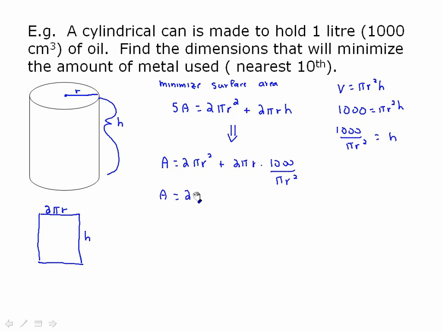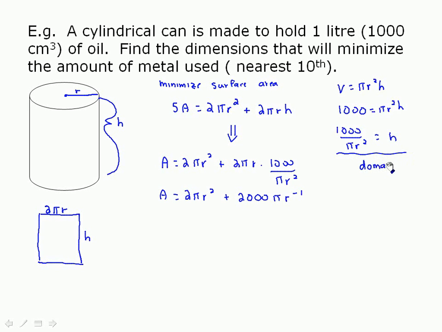So you get 2 pi r squared plus 2,000 over r, and I'll write that r on the bottom as r to the negative 1 up top, because that's going to make things easier for differentiation. And before we get too carried away with it, identify the domain.